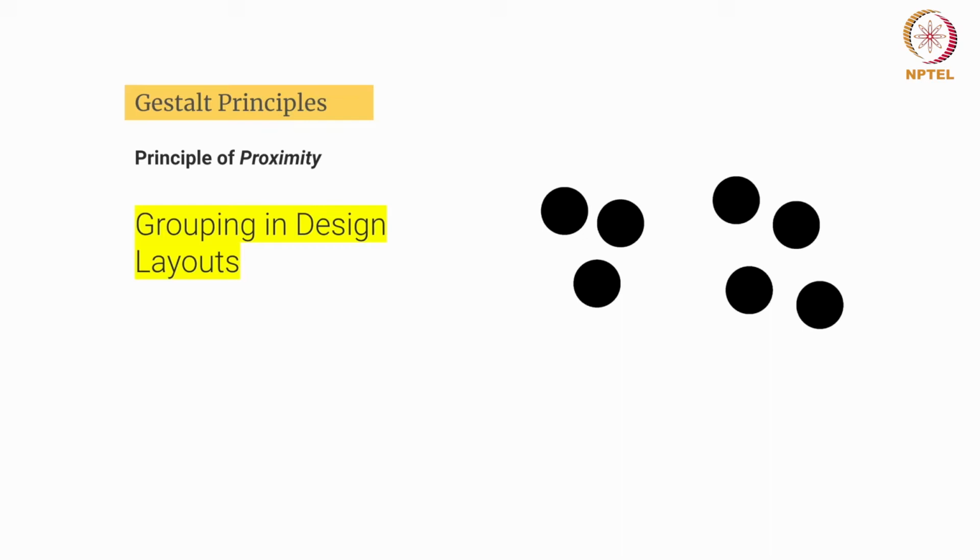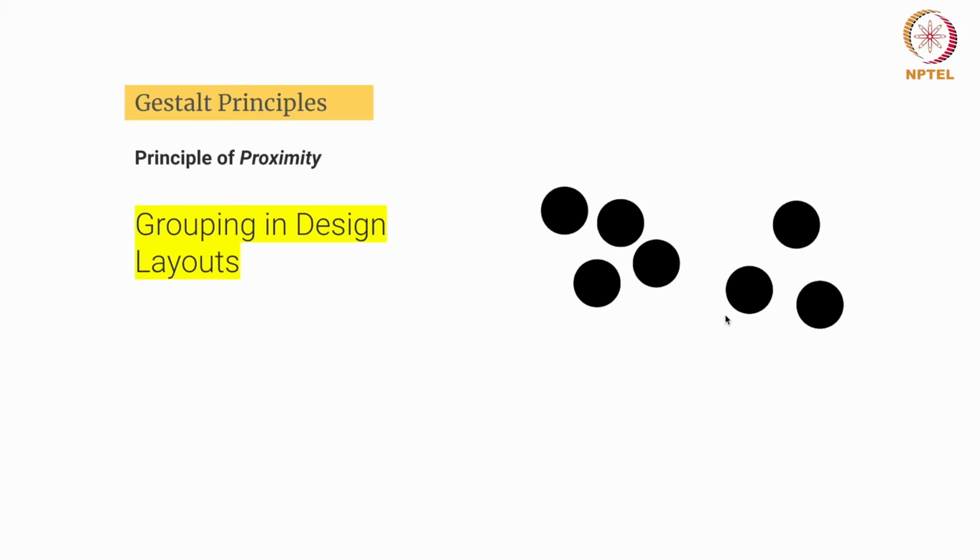In this image on the right, you can see multiple circles, which are black in color. Based on the arrangement, your brain has quickly perceived that these three circles are in one group, and these four are in one group, right?